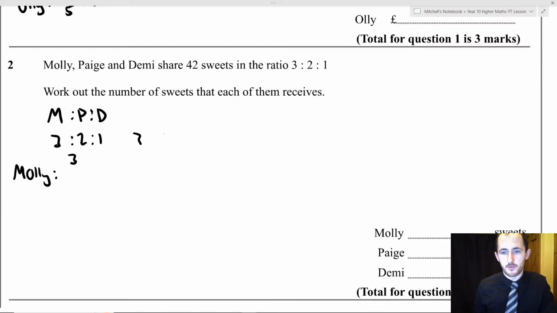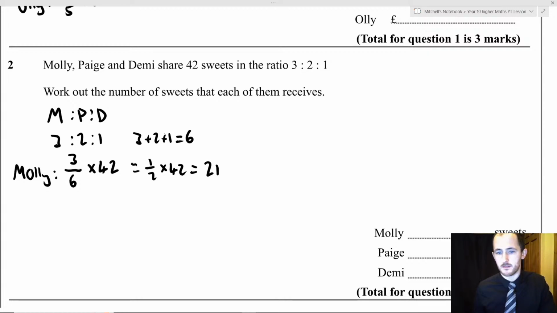And if I add all of them together, 3 plus 2 plus 1, that gives me 6. Okay? So 3 over 6 is going to be our fraction, and then multiplied by 42. 3 over 6 is the same as just 1/2 though, so a half times 42 will be 21 sweets. Okay, so Molly gets 21.